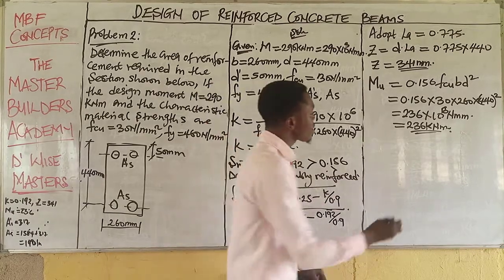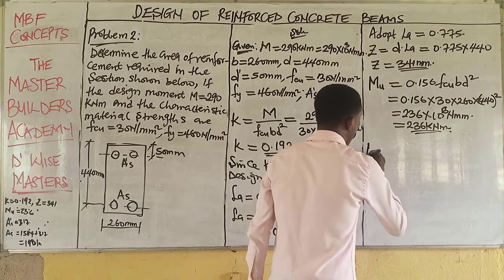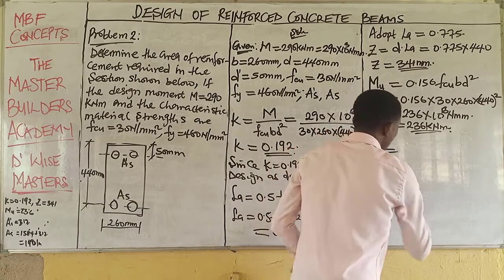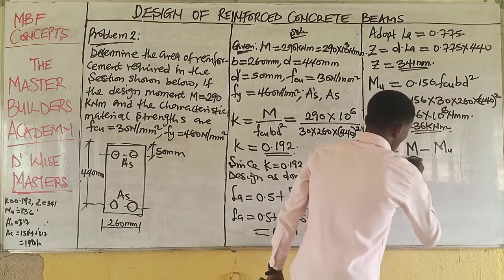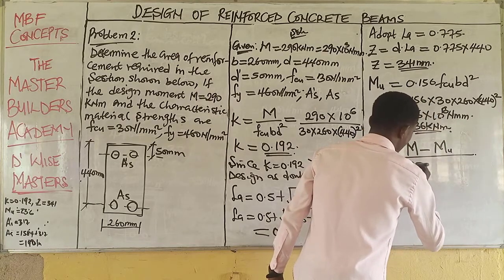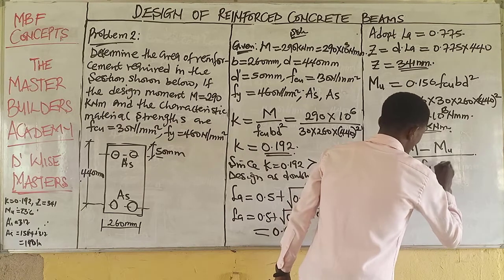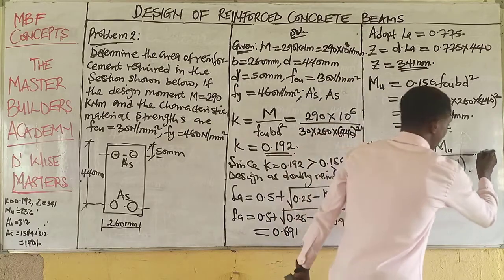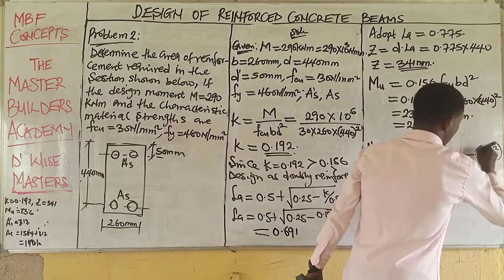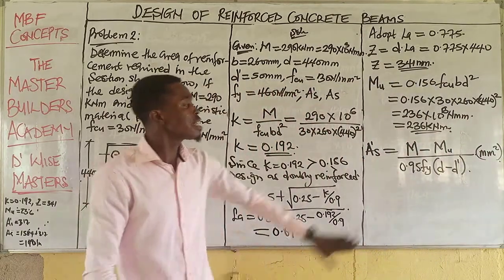Now, okay, if this is taken, then the next step is to calculate the area of the compression bar, which is M minus Mu all over 0.95 fy open bracket d minus d prime. This is area in millimeter squared. This is the SI unit. This is how you calculate.